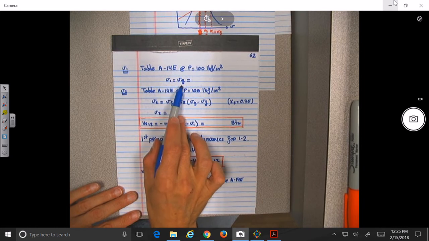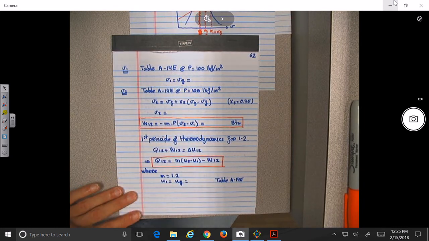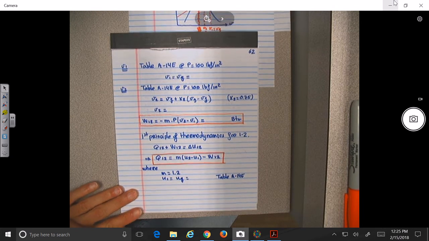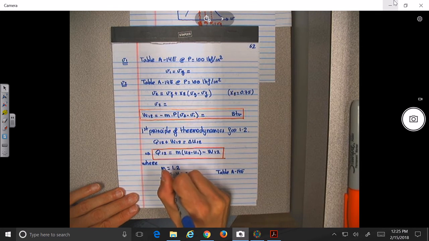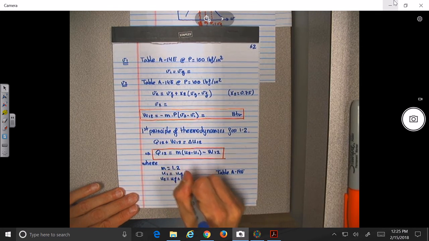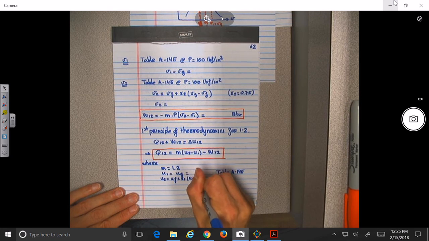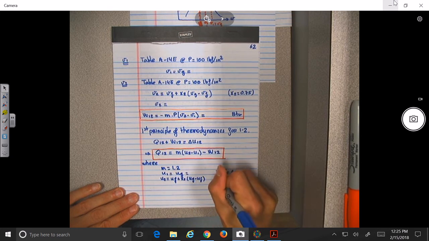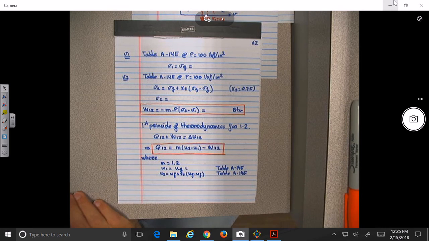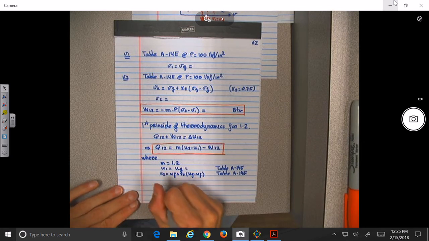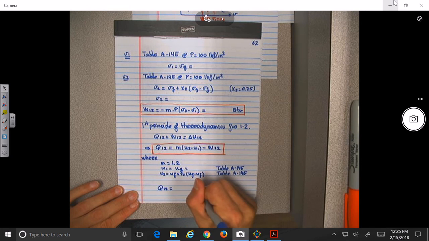V1 equal Vg, you're going to have U1 equal to Ug. The same table. Okay? Now, U2 will be equal to what? Correct. And again, this will be from table A14E. Okay, so now you can go and substitute into the equation, and you find this in BTUs.